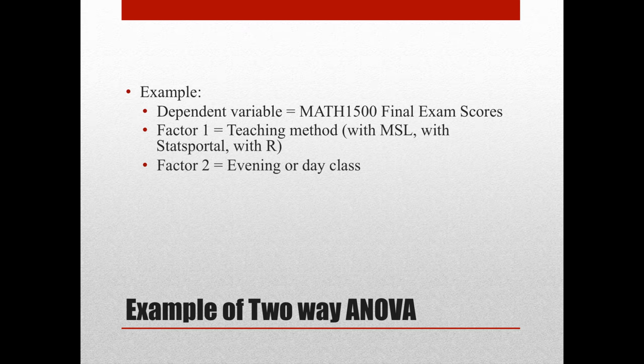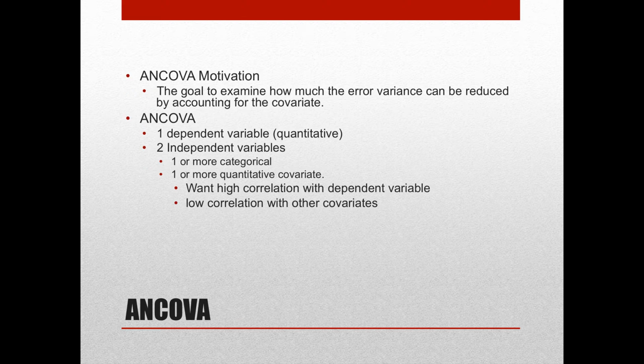I really don't like that phrase, but it tells us what we need to know. And maybe we think there's a difference. Maybe we think that lecture with R would work better for those in day classes, and maybe MyStatLab would work better for those in the evening classes. So entering this factor 2 would allow us to look at the interaction between teaching method and the time at which the class was actually offered.